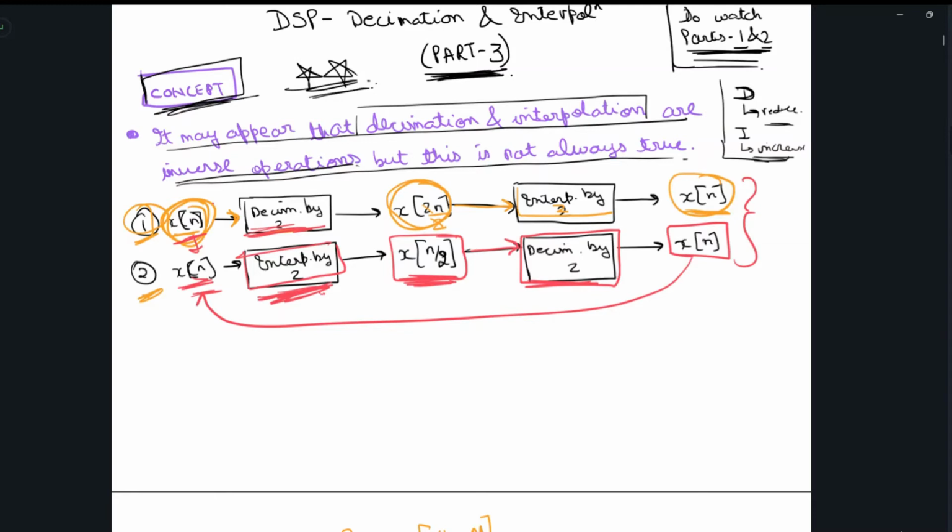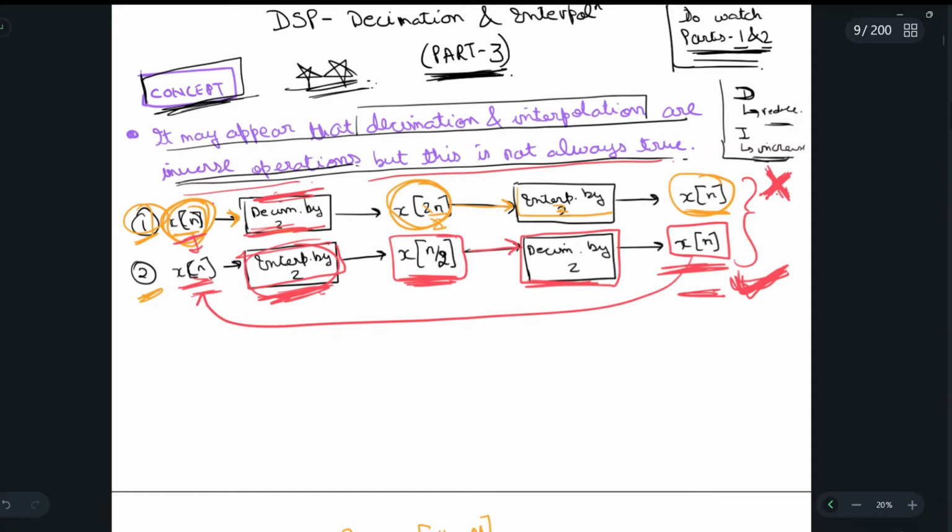So this first case will not give us x(n) as our original signal, but in the second case we will get the original signal x(n). That is, the second case is correct and the first is wrong, which proves our above statement. They are not inverse of each other, because if we do interpolation first, we get the correct answer, but if we do decimation first, we get a wrong answer. So this is the step that you have to follow.